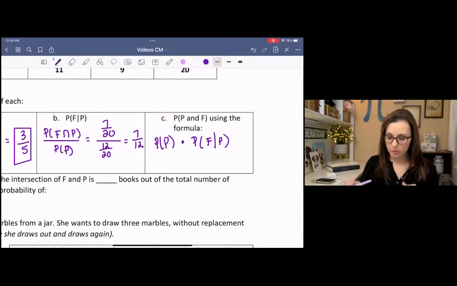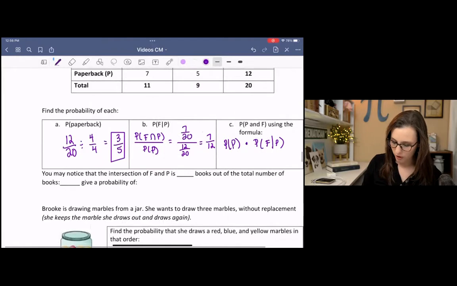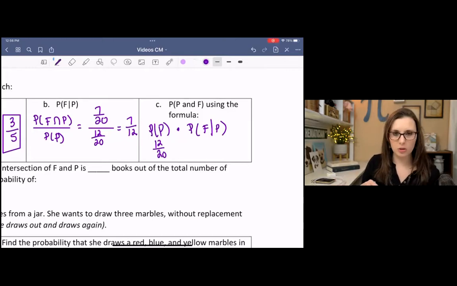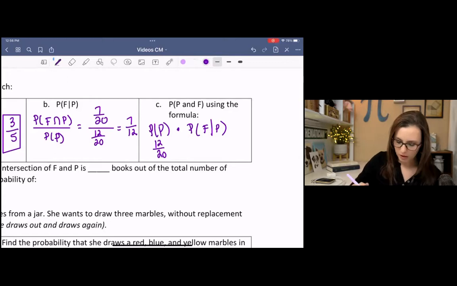We know that the probability of a paperback book, we already found, was 12/20. You can do 3/5 if you want to. I'm just going to leave it not reduced for now. And then the probability of fiction given paperback, we found 7/12. And so now here you can see why I didn't reduce it, because these are going to divide and we get 7/20.